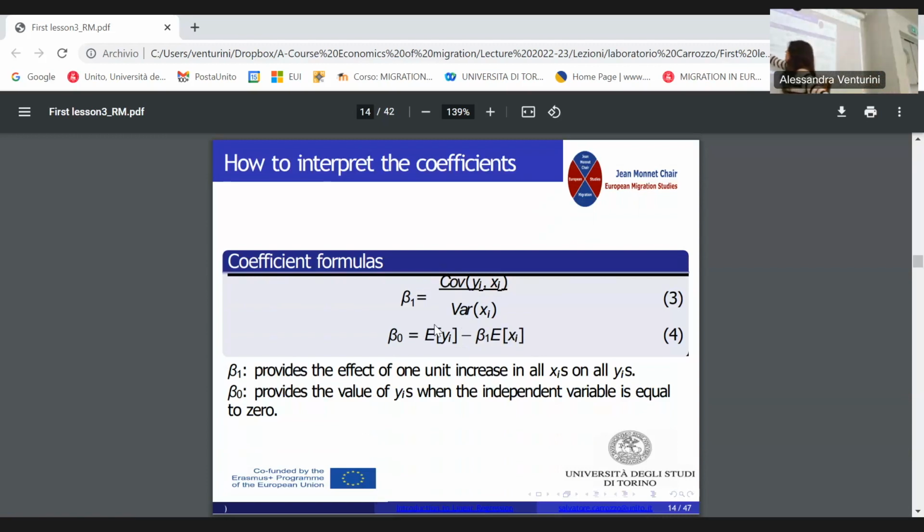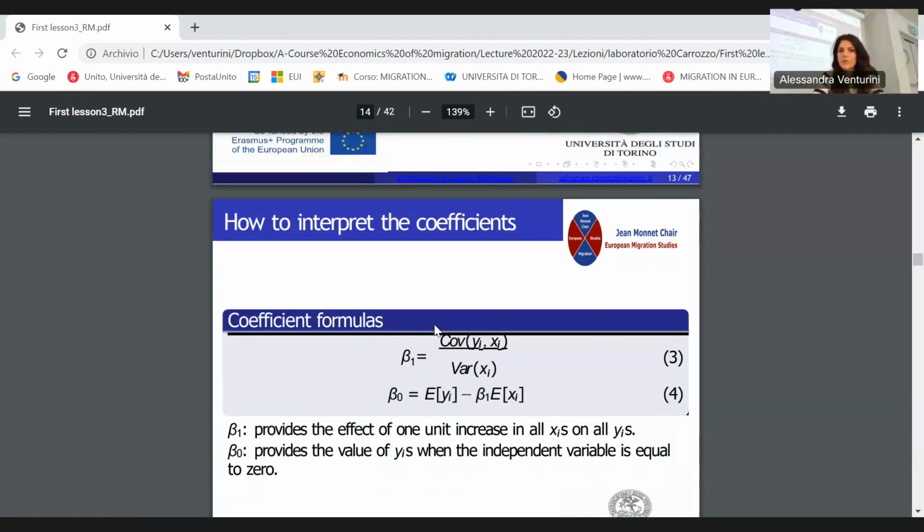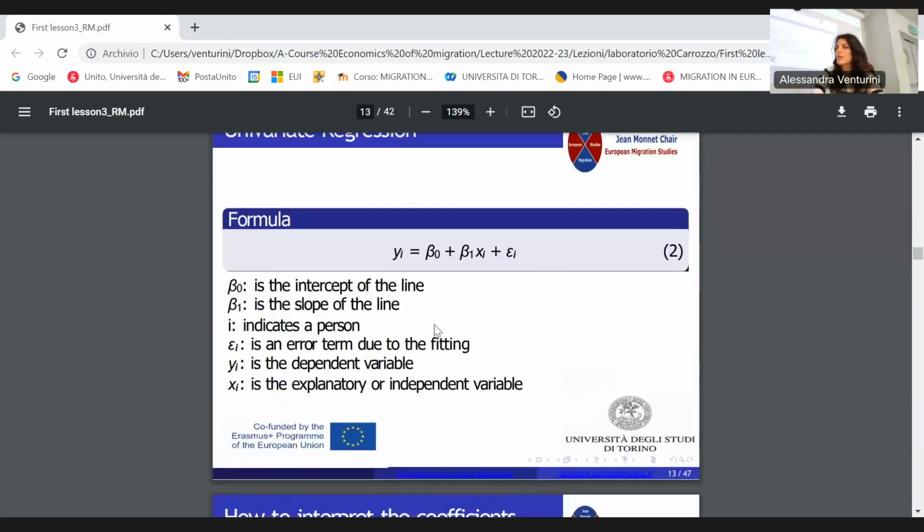What is important for you, in my opinion, is that beta 1 provides the effect of a 1 unit increase in x on y. So the effect of becoming older by 1 year: how many centimeters do they gain, on average?